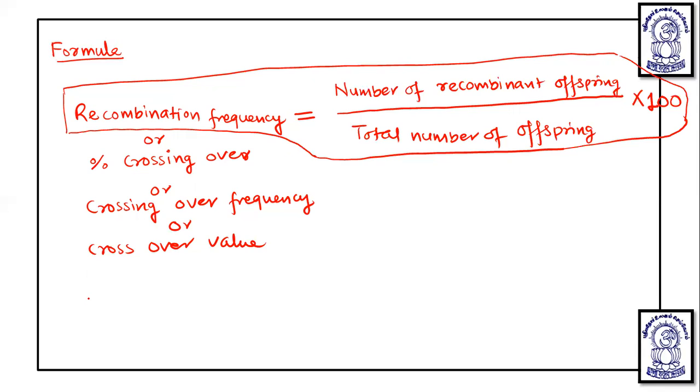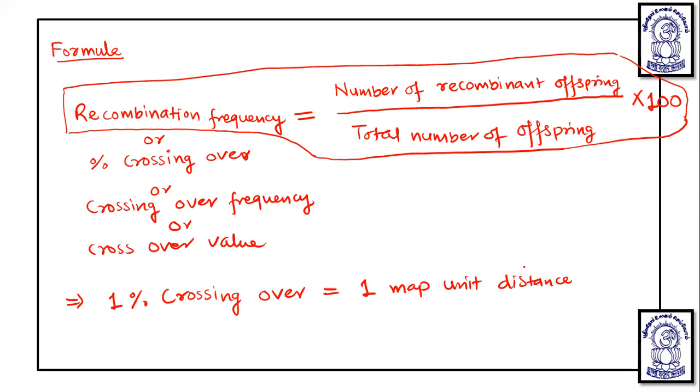Now, if we write 1% crossing over, then it is equal to 1 map unit distance, or 1 centimorgan.